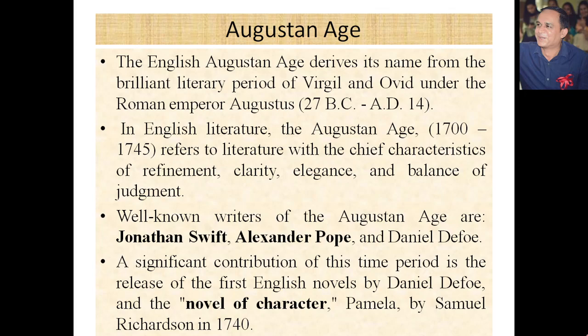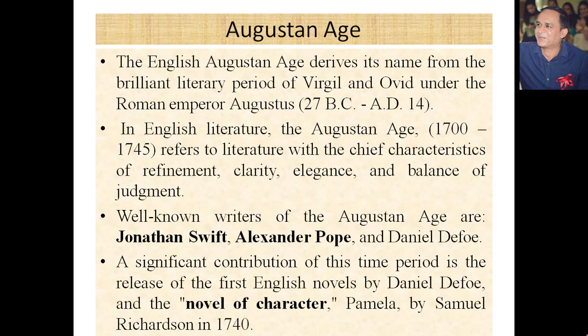And in English literature, this Augustan age refers to the literature with all those characteristics which these great classical writers, Virgil and Ovid, had, which were refinement, clarity, elegance, and balance of judgment.